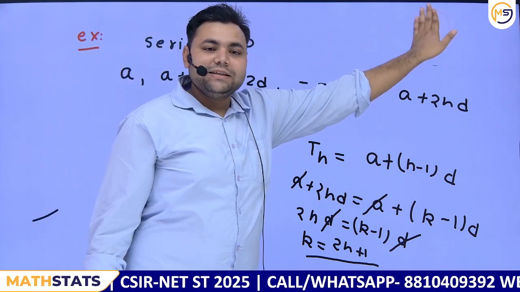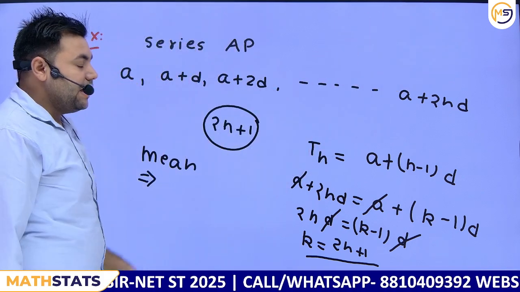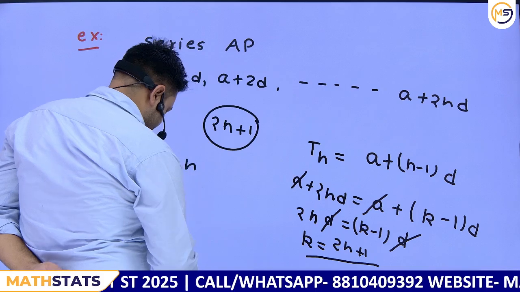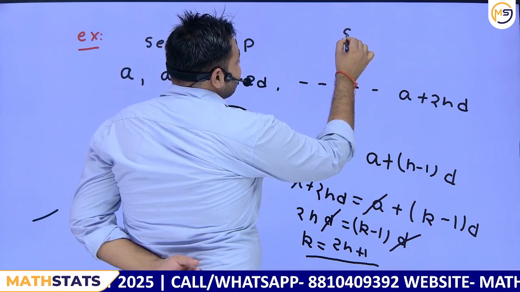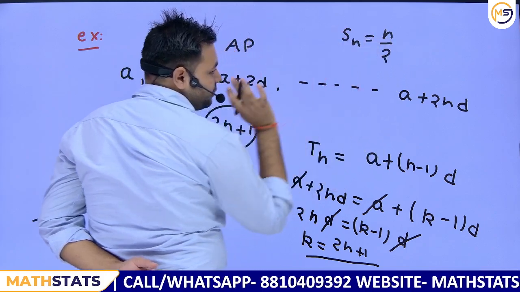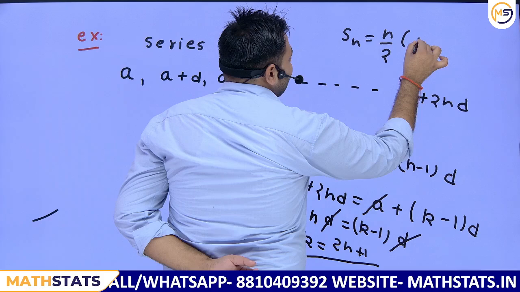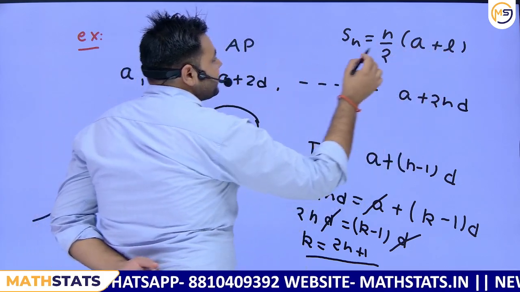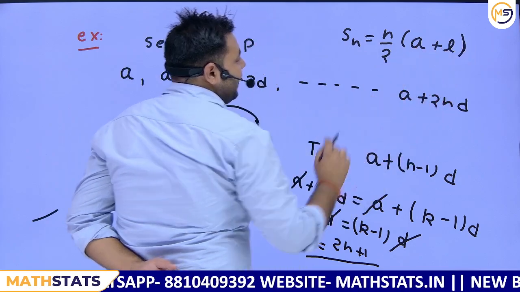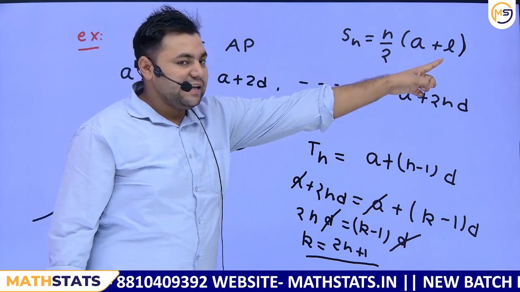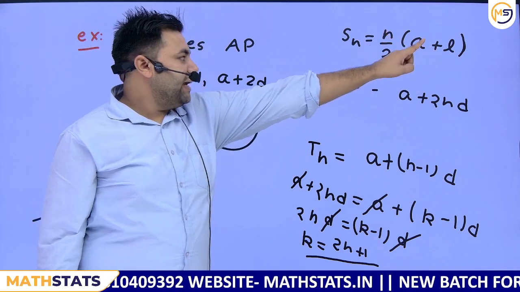Why is this the mean of an AP series? Because, if anyone remembers, the sum of an AP series Sn equals n by 2 into (A plus L), where n is the number of terms and L is the last term.